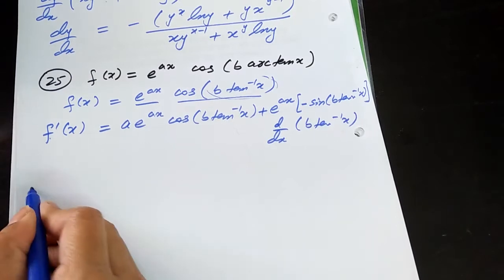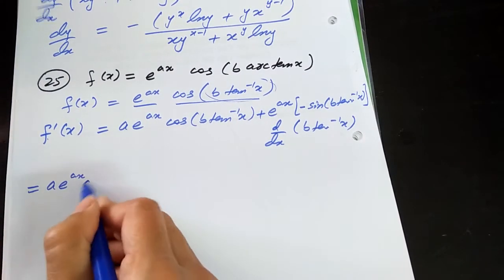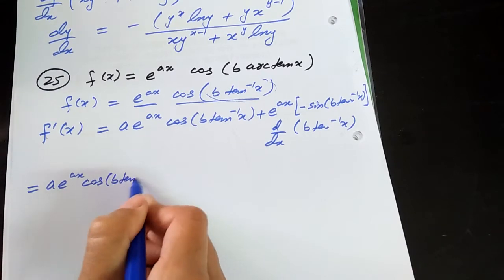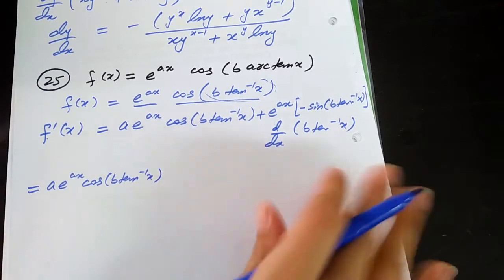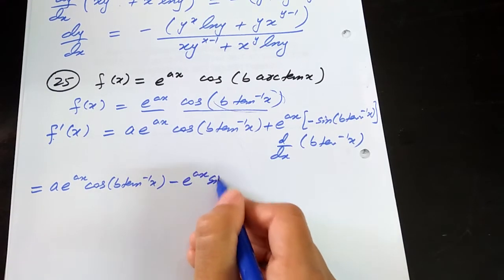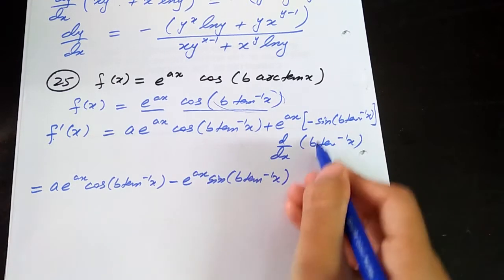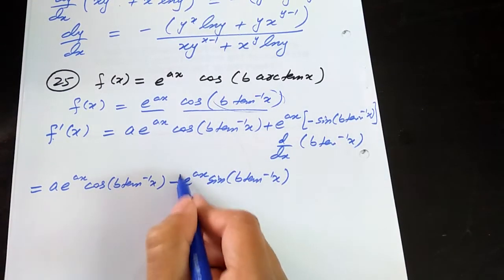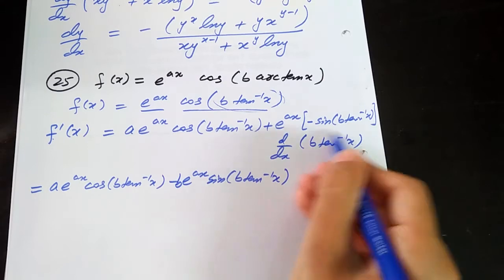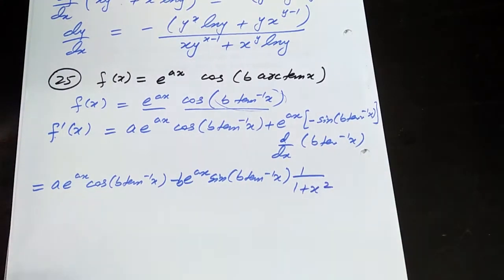Now f dash of x will be equal to a e raised to power ax cos of b tangent inverse of x. Now this negative sign will be taken outside, e raised to power ax sine of b tangent inverse of x, the derivative of this thing, b is a constant, take it outside like this, and the derivative of tangent inverse of x is 1 over 1 plus x square.